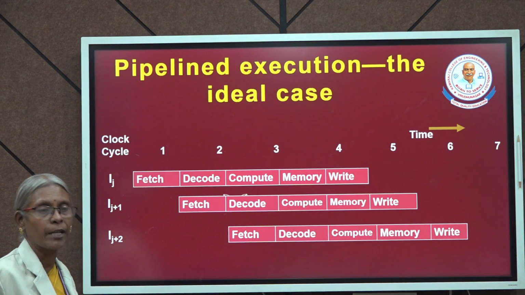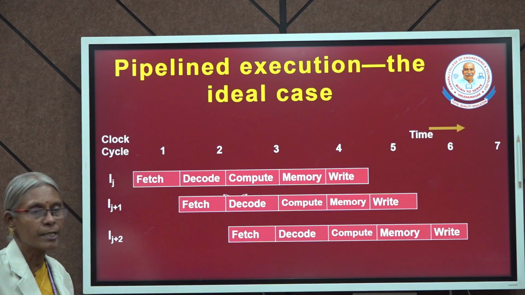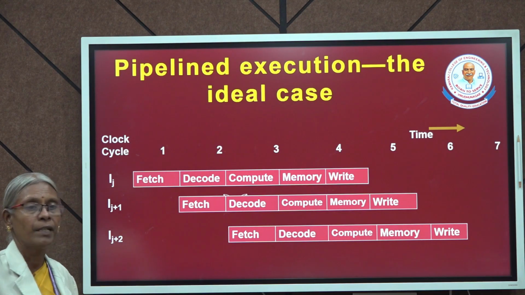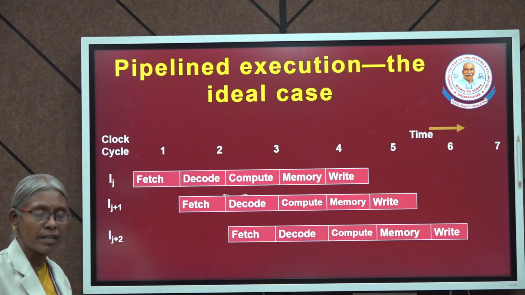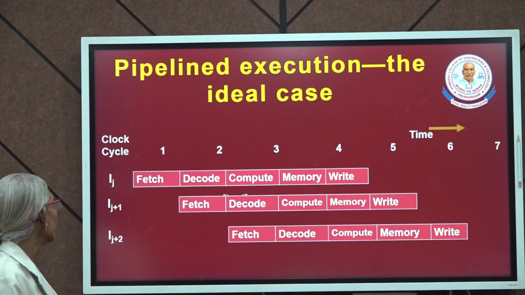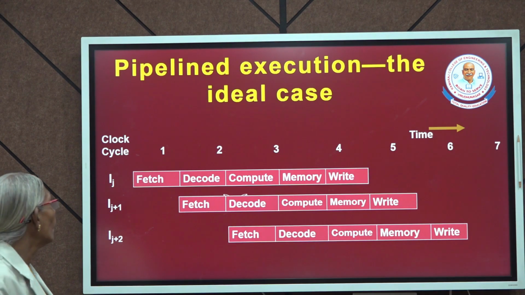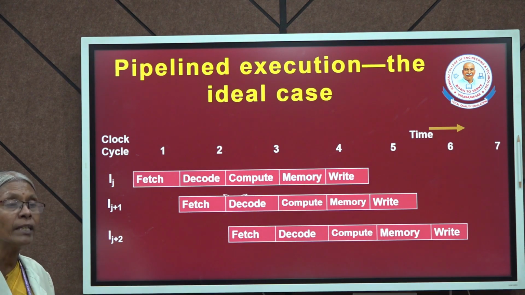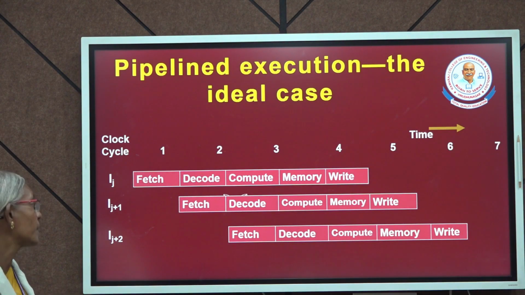When Ij is fetched, no activity is carried out for Ij plus 1 and Ij plus 2. Then in the second stage, Ij is decoded and Ij plus 1 can be fetched, so decoding of Ij and fetching of Ij plus 1 are done in parallel, at the same time.